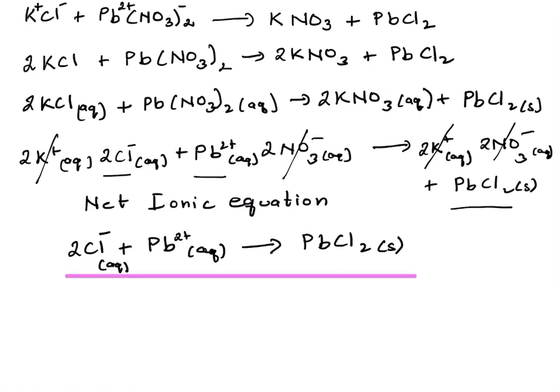Now let's do another example so that we get used to writing the net ionic equation. In the second example, we have magnesium chloride, MgCl2, and the other reactant is silver nitrate, AgNO3.